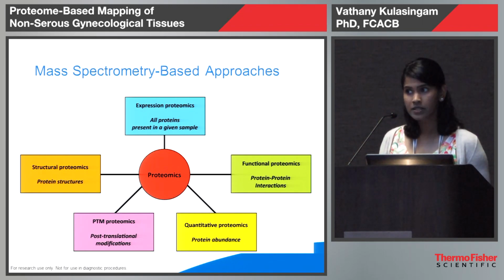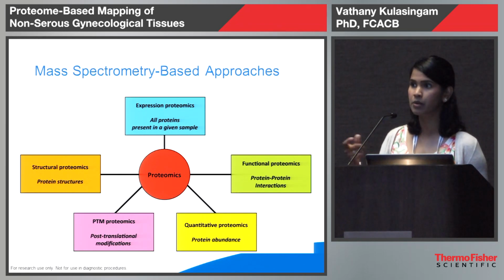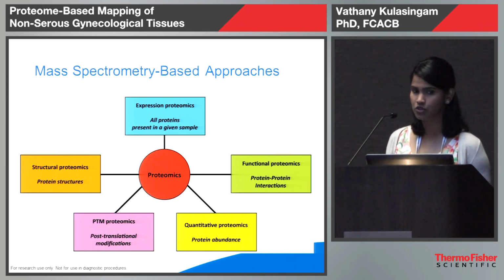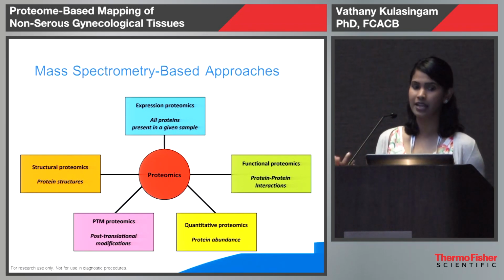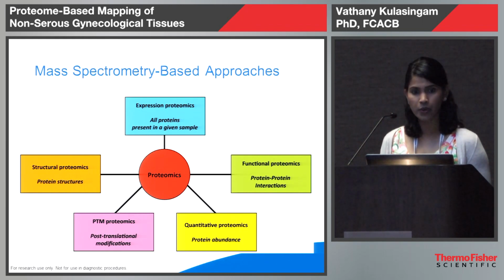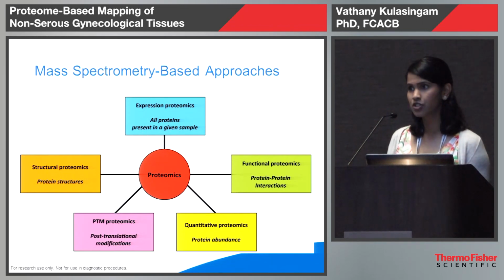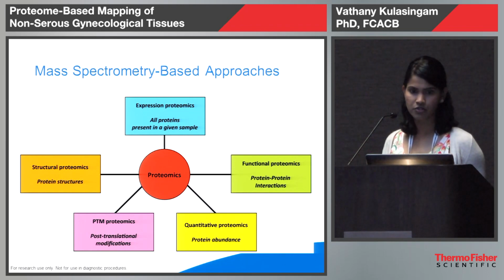Of course, there's quantitative proteomics, measuring protein abundance or concentration. There's post-translational proteomics, studying the diverse modifications that proteins can have, and structural proteomics, the analysis of the protein structure itself. So there are such diverse applications to study the proteome using mass spectrometry.